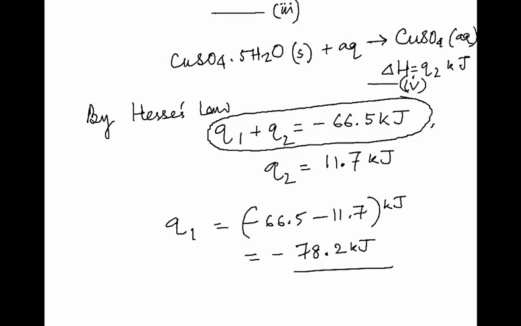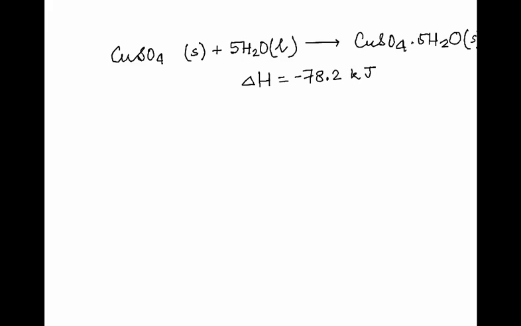So equation 3 can be written as copper sulfate solid plus 5H2O liquid gives us copper sulfate 5H2O, which is also a solid. Here the delta H value is equal to minus 78.2 kilojoule.